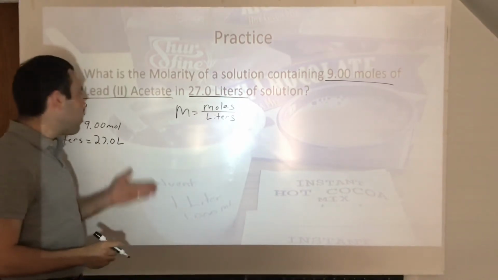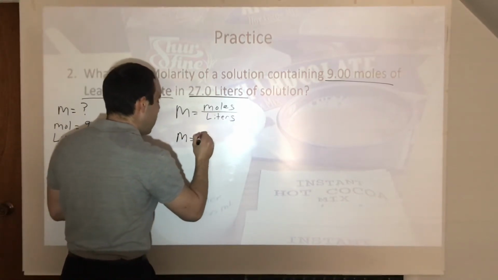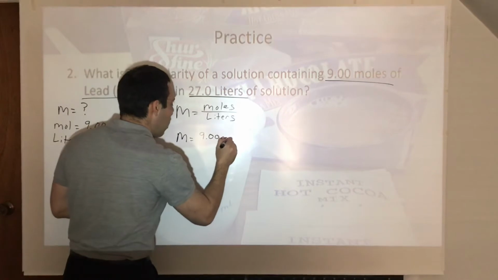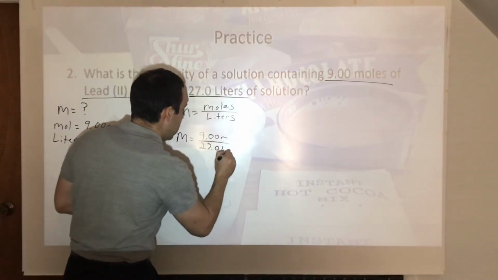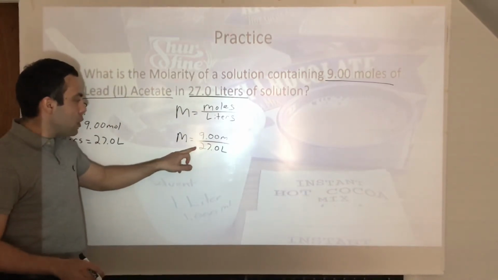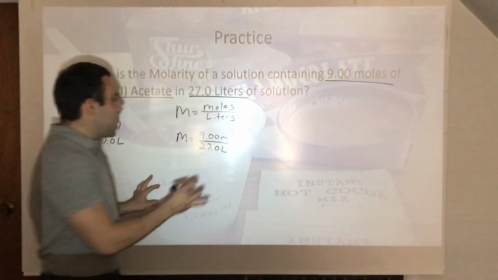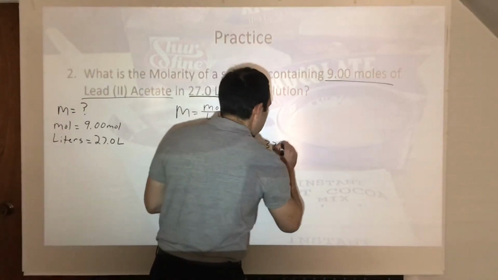Next thing we do is we plug in our numbers. Capital M is equal to 9.00 moles over 27.0 liters. When we divide 9.00 moles by 27.0 liters, we get a long repeating decimal of 0.33333 repeating.